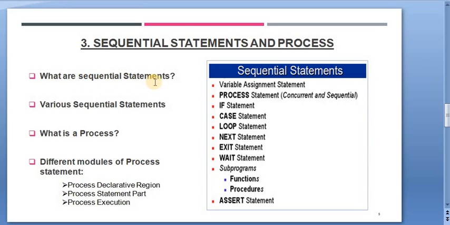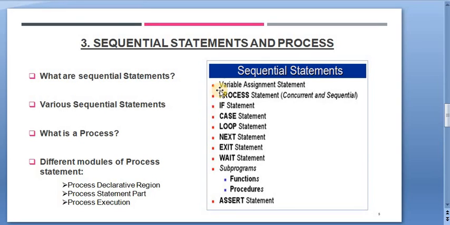Now these are the set of sequential statements that are inside a process statement, which do not specify the structure of the entity. So what do they actually specify? They actually specify the functionality of the entity and not the structure of the entity.